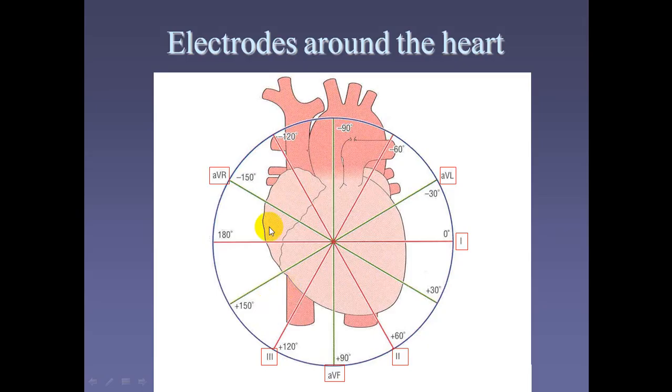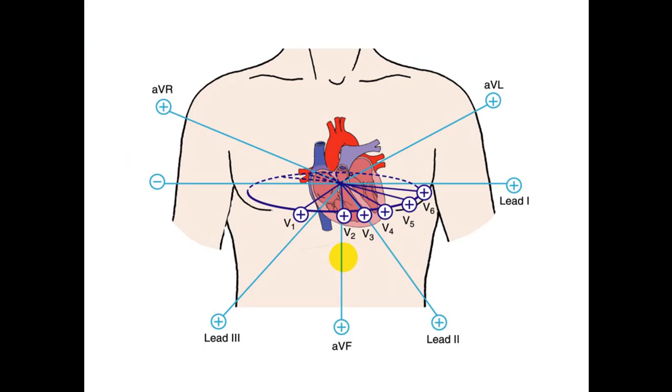When recording all leads, we look at the heart from all aspects: anterior, posterior, lateral, inferior, and the septum of the heart. This is how we look at the heart from different planes while recording.